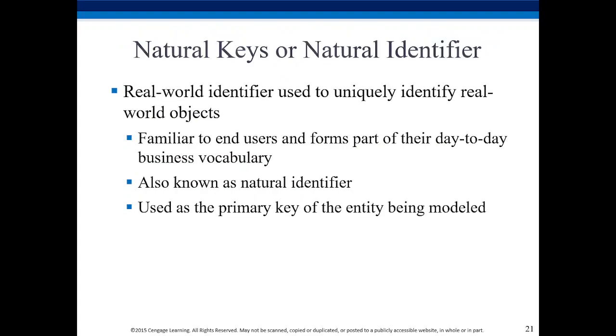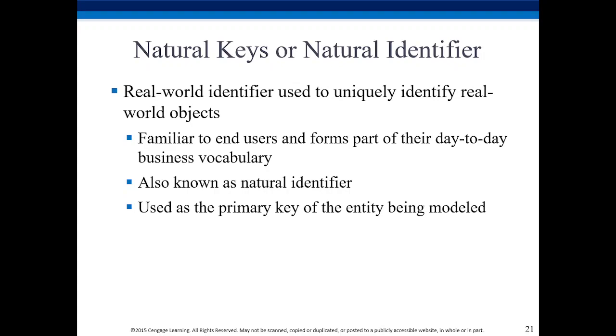Here, we can choose the primary key by selecting the natural key or natural identifier. A natural identifier is a real-world identifier that uniquely identifies real-world objects. These primary key attributes represent the real world.